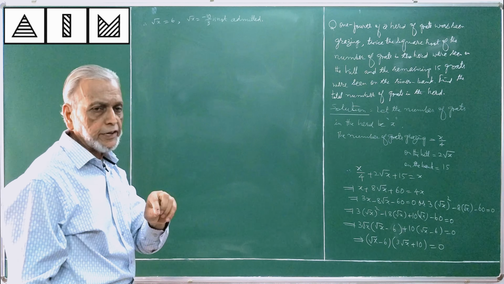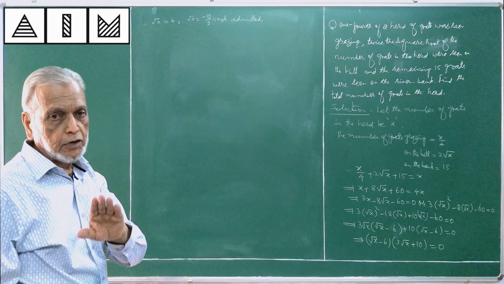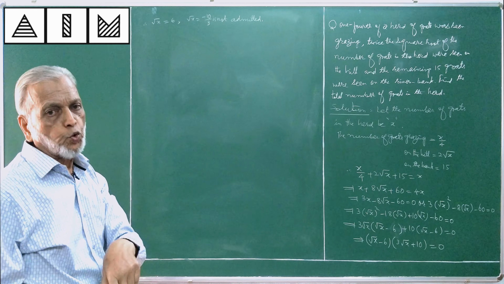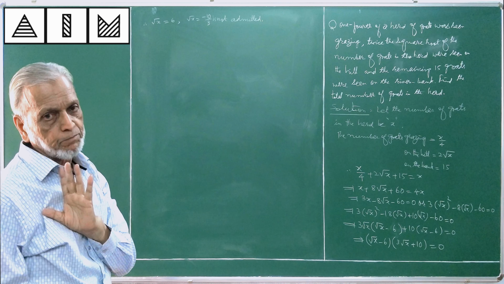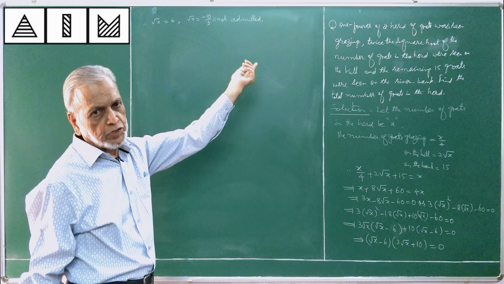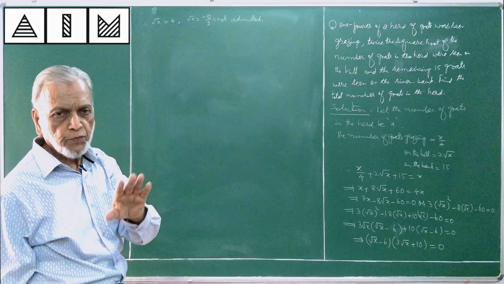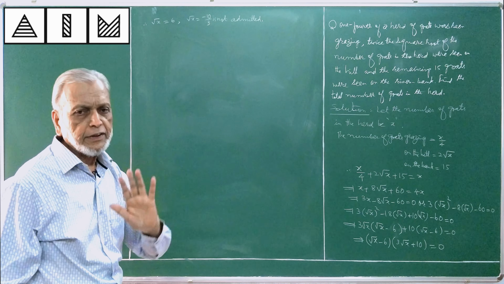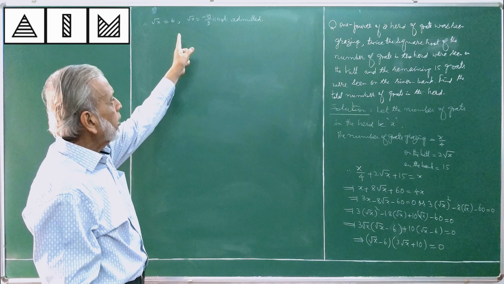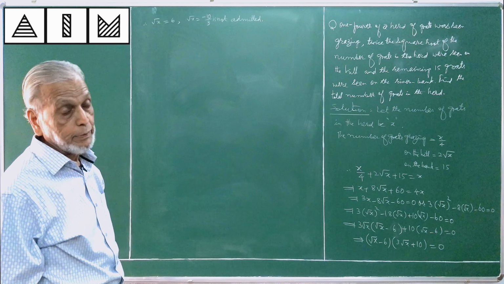What I want to say is such values are not admitted, in mathematical terms it is not admissible. Don't say rejected or impossible. Don't say minus 10 by 3 is not possible number of goats. It's not the question of possibility or impossibility. It's a question of admitting the value or not admitting the value. So the mathematical term is not admissible or not admitted. Better to use mathematical terms.